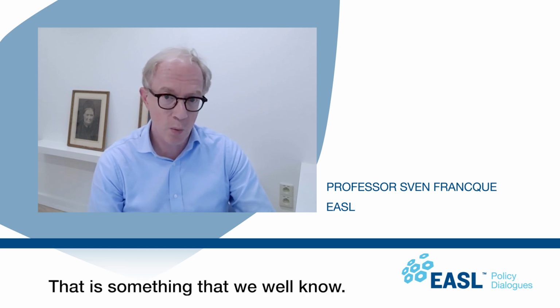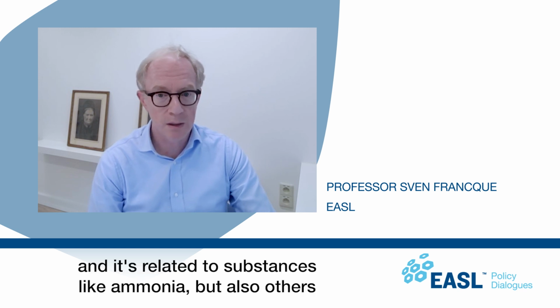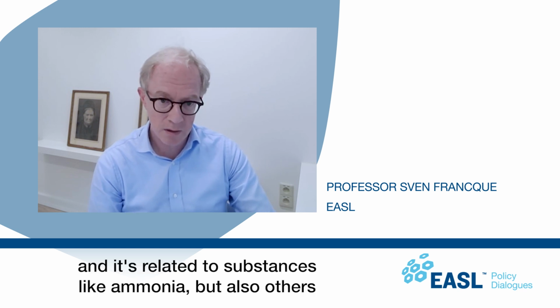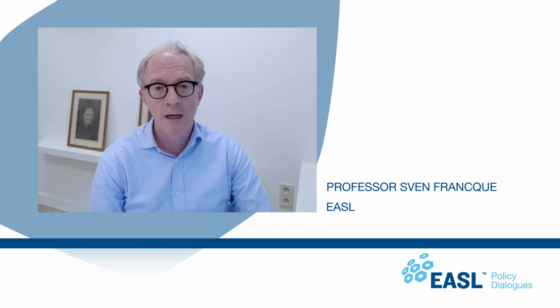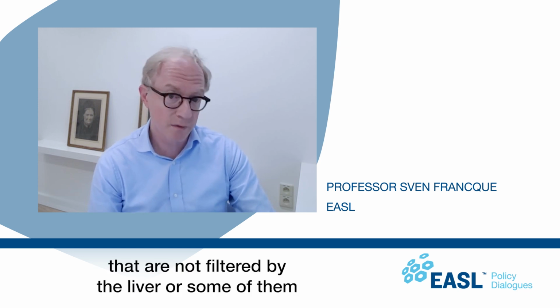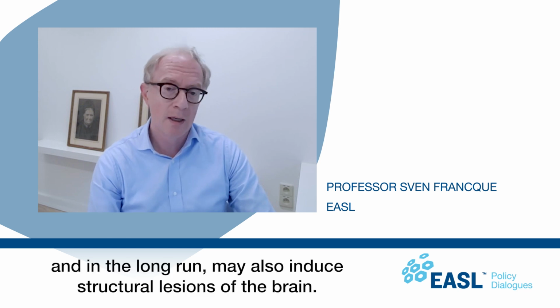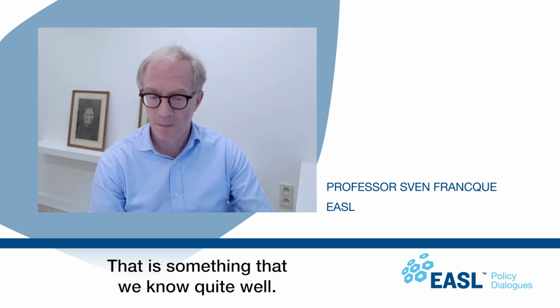That is something that we well know. We call it hepatic encephalopathy, and it's related to substances like ammonia, but also others that are not filtered by the liver, or some of them produced by the liver, and that have an impact on the functioning of the brain, and in the long run may also induce structural lesions of the brain. That is something that we know quite well.